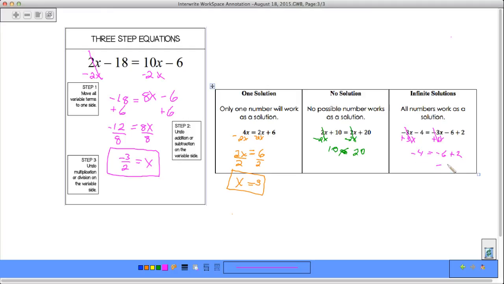Negative 6 plus 2 is negative 4. So I have negative 4 equals negative 4. That is true. That's true no matter what x is. So no matter what I plug in here for x, the left side is going to equal the right side. There are infinitely many solutions, or all real numbers. Sometimes we say ARN, all real numbers. Any number would work as a solution.